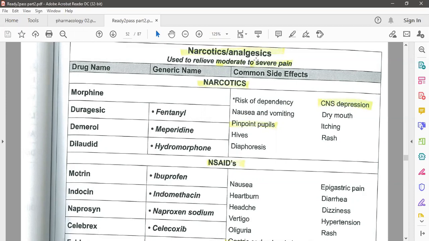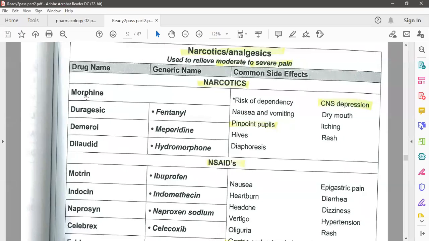What are the indications of opioids or narcotics? Used to relieve moderate to severe pain. The most important member in this group is morphine. Others are Demerol or meperidine, hydromorphone.